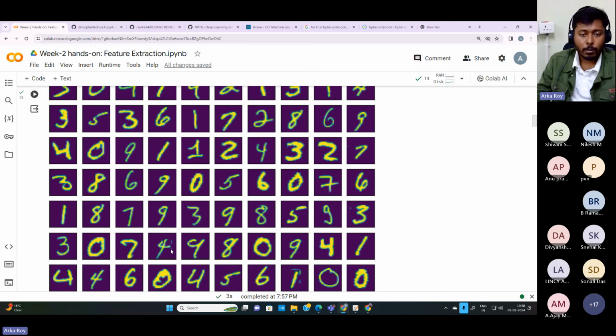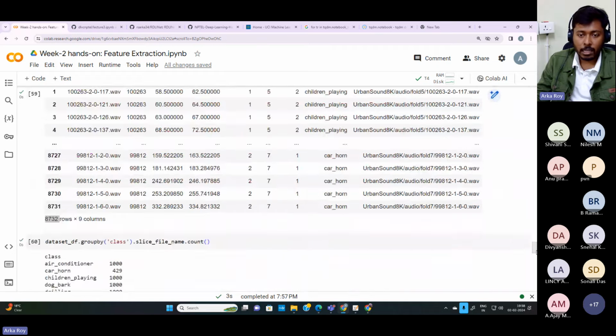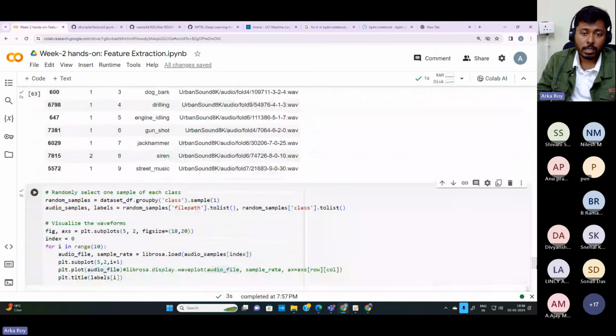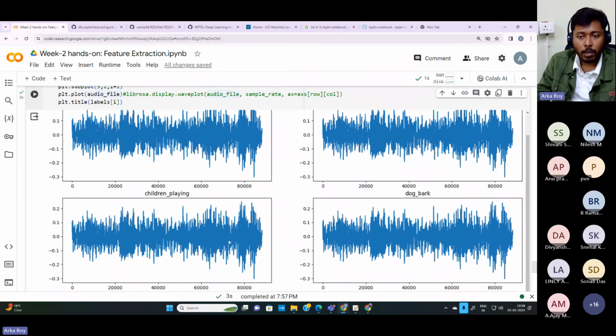So there is some similarity there. The same condition happens in audio signals as well. Even I would say that in audio signals the problem is more challenging. You can see the air conditioner signal and car horn signal almost look the same. Dog bark and this almost look the same.